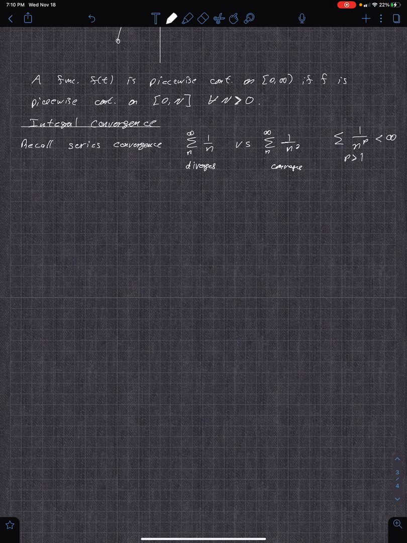Okay, so let me write up some of that stuff I just had. It has to do with how, quote, fast the integral convergence has to do with how fast, quote, the function itself approaches the x-axis.